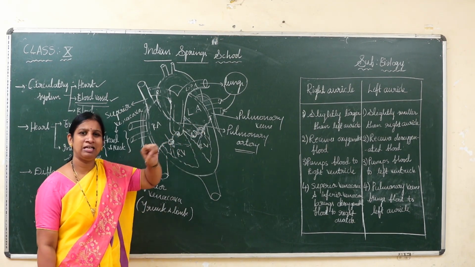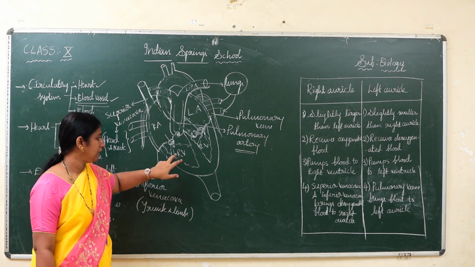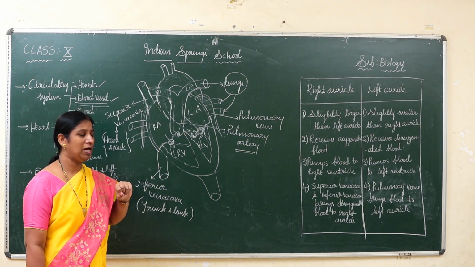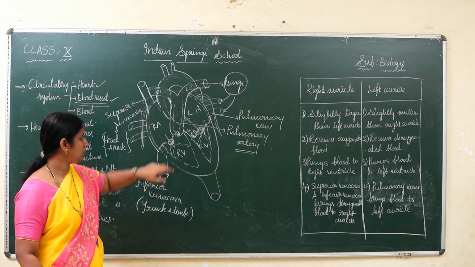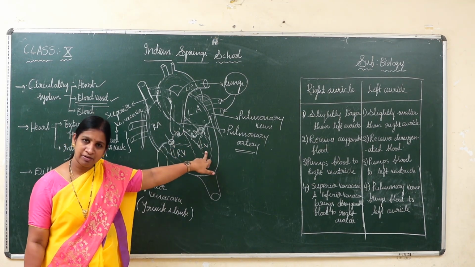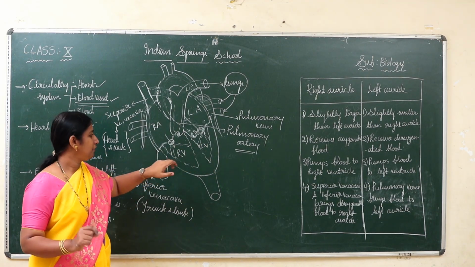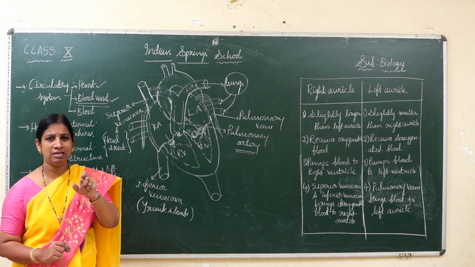Left auricle is slightly smaller. Whereas when you discuss ventricles, children, right ventricle is slightly smaller, whereas left ventricle is slightly bigger. So opposites: right auricle and left ventricle are slightly bigger, whereas left auricle and right ventricle are slightly smaller.